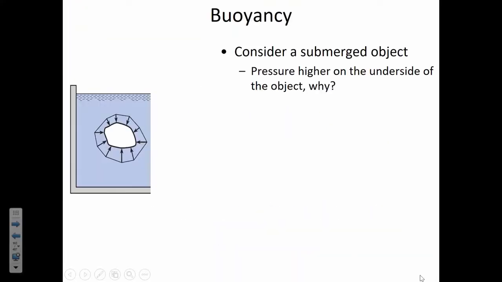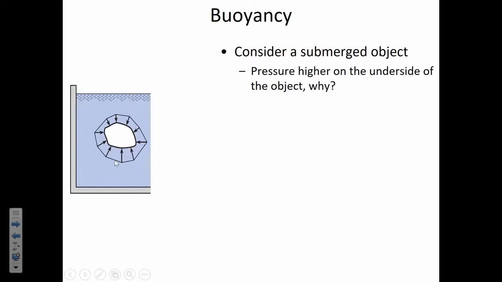Okay, so your textbook shows this figure, and it suggests that you think about the distribution in pressure that's acting. And this is an irregularly shaped object, just to make the point that we don't necessarily have to integrate the difference in pressures between the pressures on the top and the pressures on the bottom, although we can.